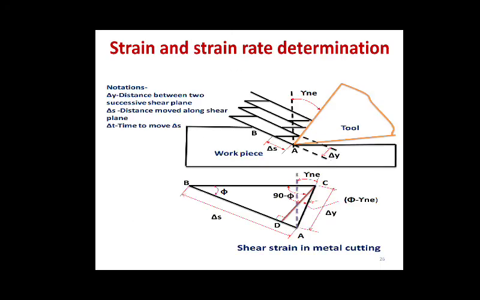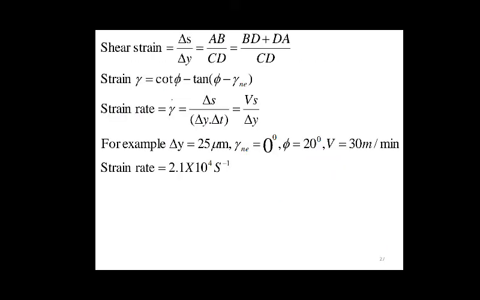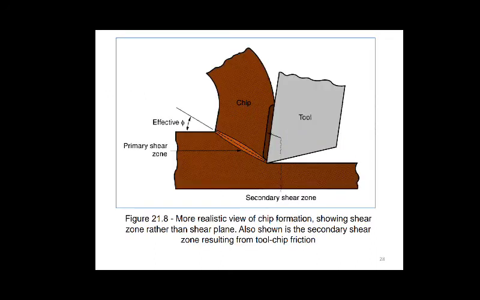Now here there is a strain and strain rate determination. By using this method, you can calculate shear strain rate. Now next, this is the realistic view of chip formation showing the shear zone rather than shear plane.